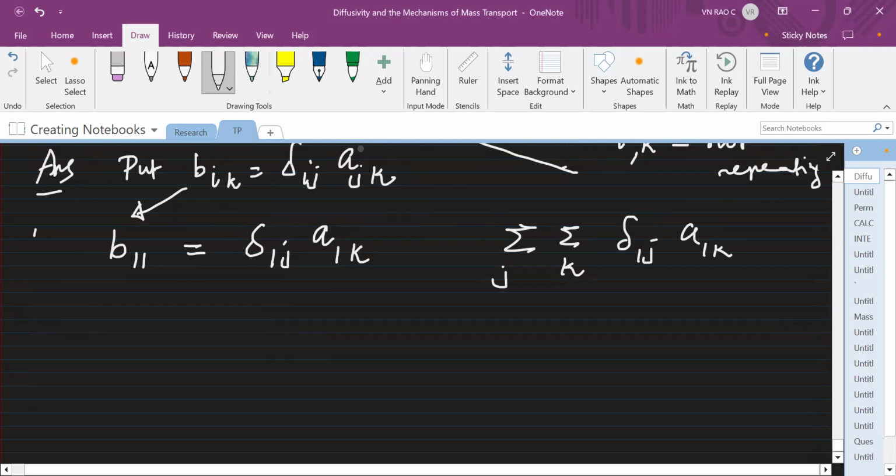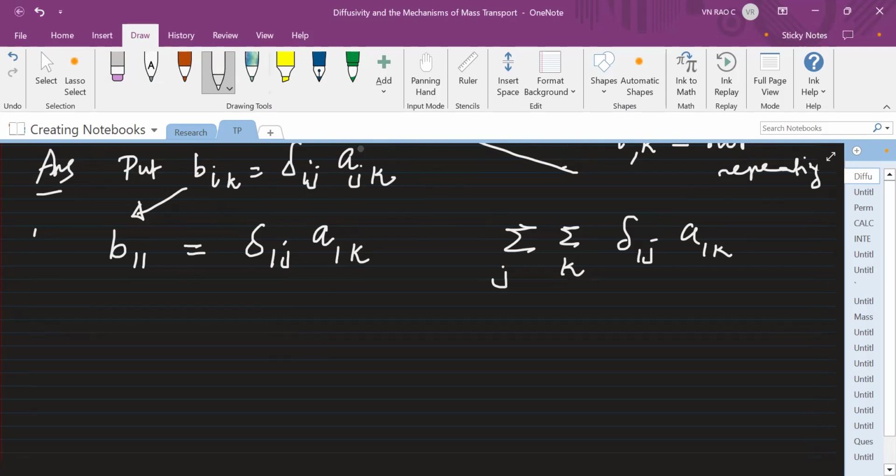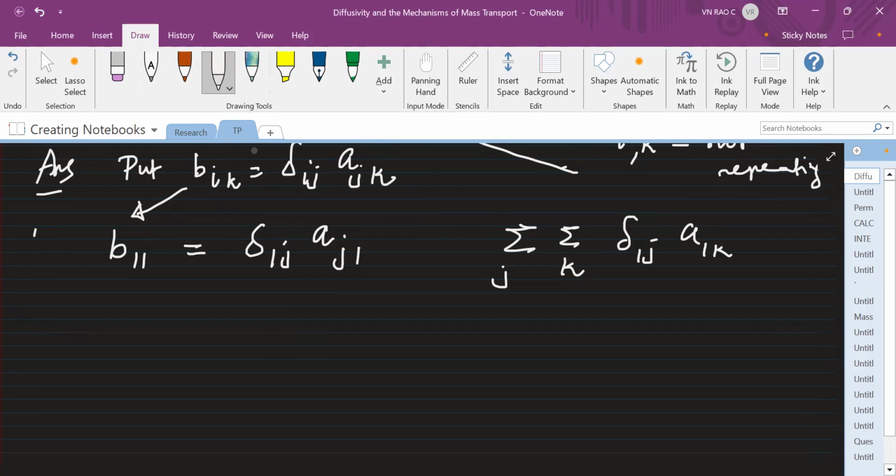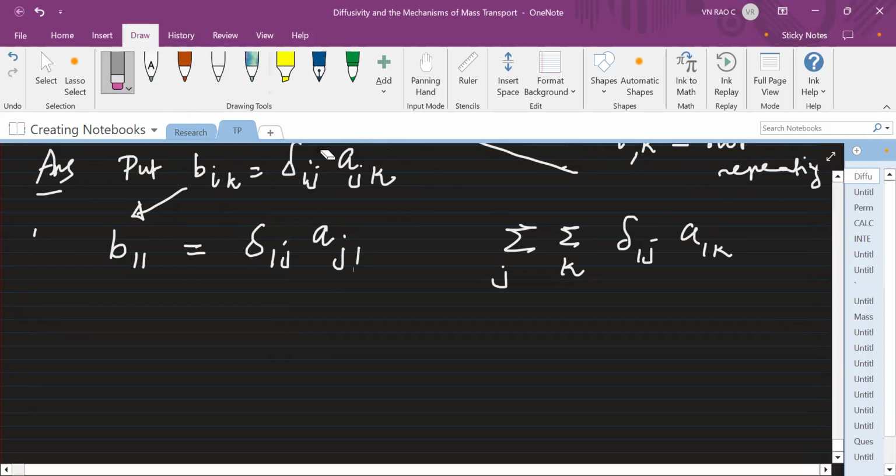So now j and k take values, right? Now k is also gone, right? Sorry, here I think I made it wrong. So this is j1. Now you can look at this. Here also I think I need to correct this.